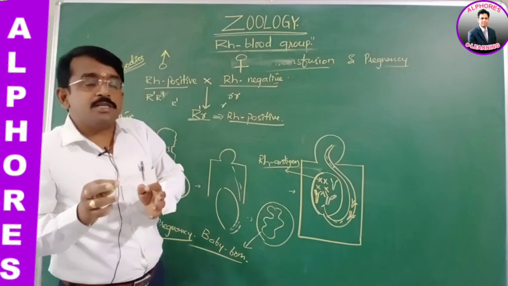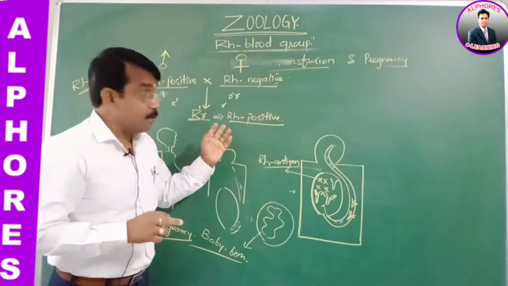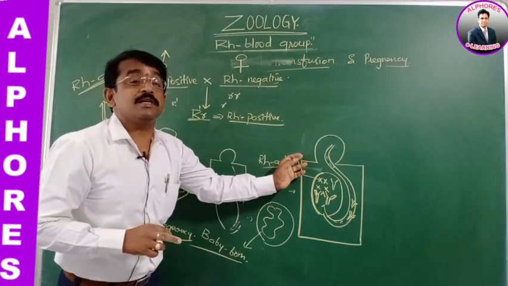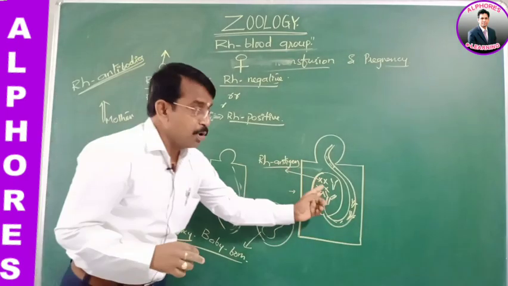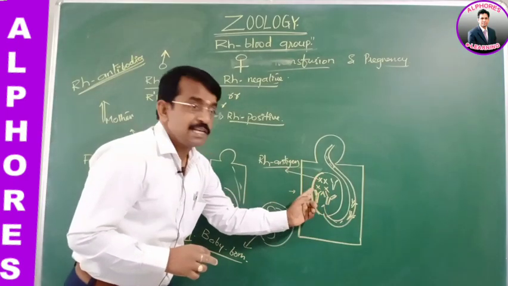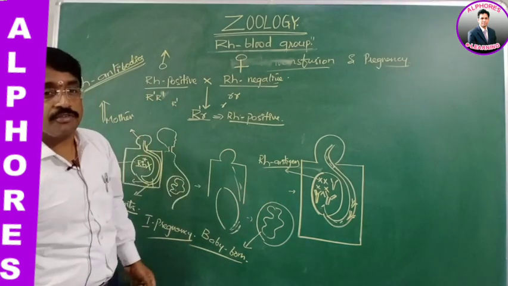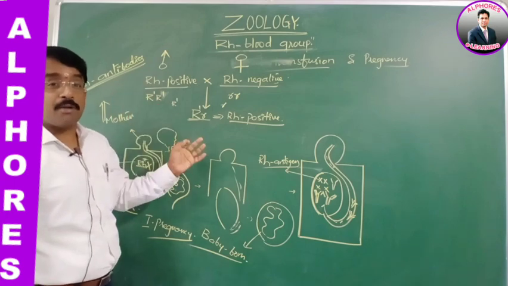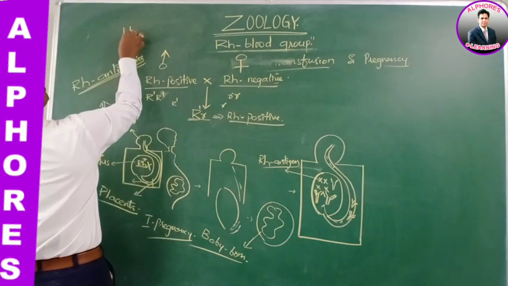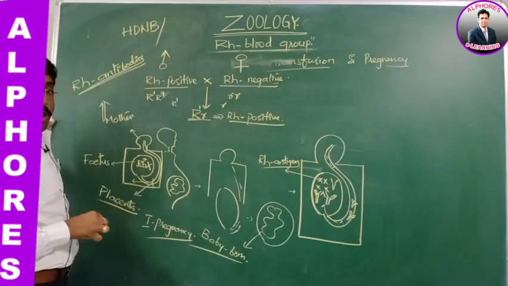But here, donor antigen and recipient antibodies go on producing. As antibodies go on producing against the antigen, it leads to the rupture of the RBCs.